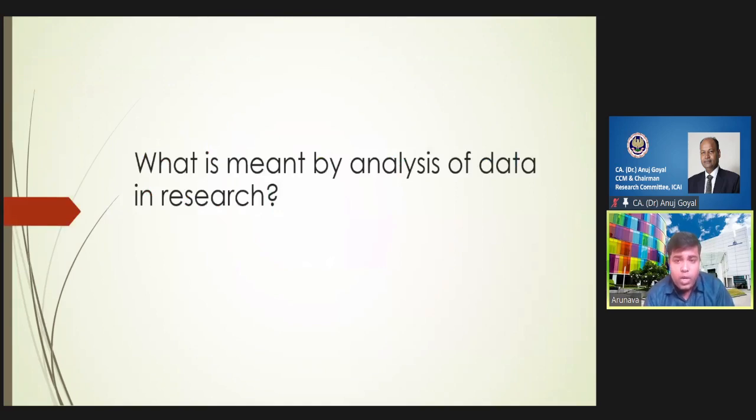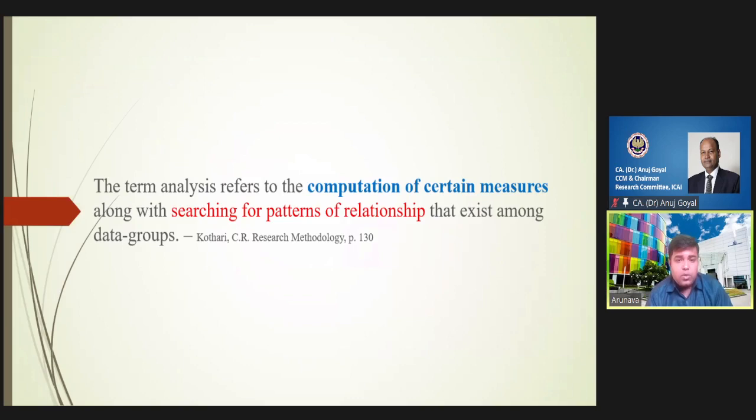So going forward, what is meant by analysis of data in research? What is actually analysis? How do we analyze data in research, right? There is a definition given in the book by C.R. Kothari in Research Methodology. I think many of you are pursuing a PhD or thinking of pursuing a PhD. You must be knowing this.